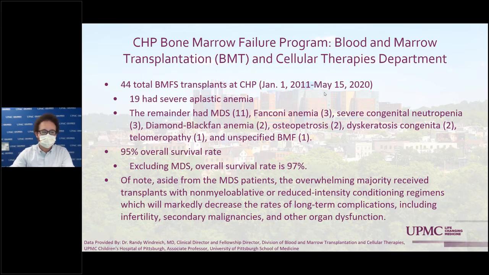And he gave me these numbers that since January 1st, 2011 up until this month, we've had 44 total transplants for patients with bone marrow failure syndromes. Of these, 19 were severe aplastic anemia, and the rest were the wide gamut of some of the ones that we mentioned before. So MDS, Fanconi Anemia, SCN, Diamond-Blackfan, Dyskeratosis, other telomeropathies, and one unspecific.